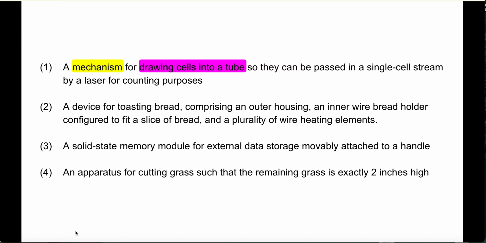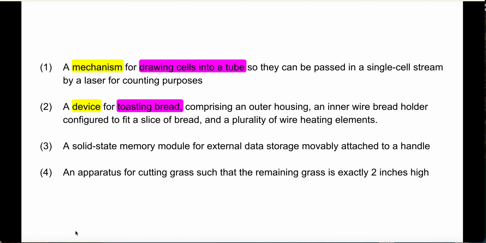Let's look at number 2, a device for toasting bread comprising an outer housing, an inner wire bread holder configured to fit a slice of bread, and a plurality of wire heating elements. This also has one of those nonce terms, a device for, and then it tells us what it's for, functional language for toasting bread.